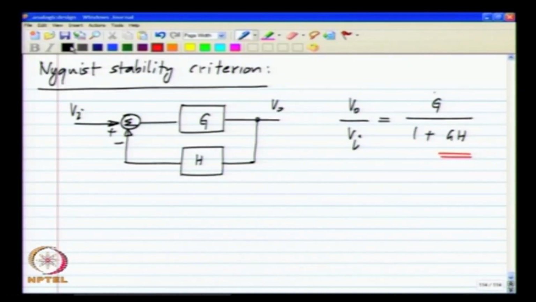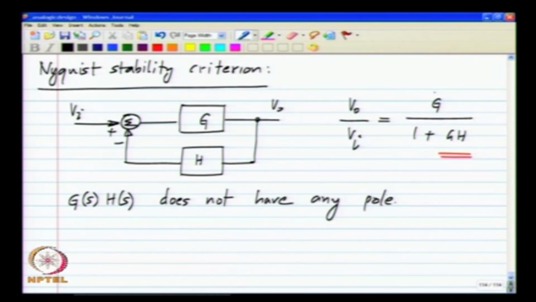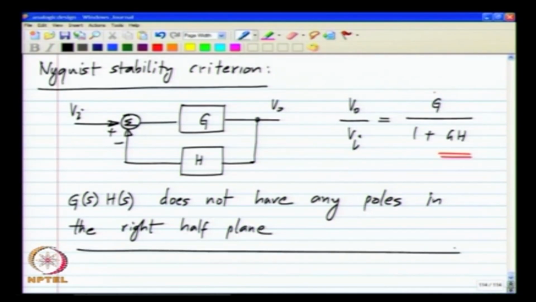So, we will also make some other assumptions that G of S H of S does not have any poles in the right half plane. Okay.